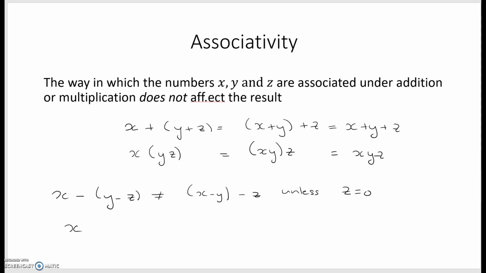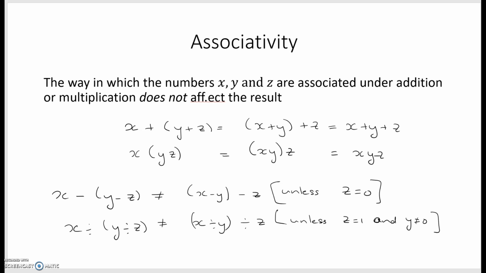And similarly, x divided by y divided by z, associated one way, is not equal to associating them the other way, unless z is 1 and at the same time y is not 0. So again, these are special cases, but for the most part it's not true. It's fine for addition, fine for multiplication, but it's not fine for subtraction, and it's not fine for division.